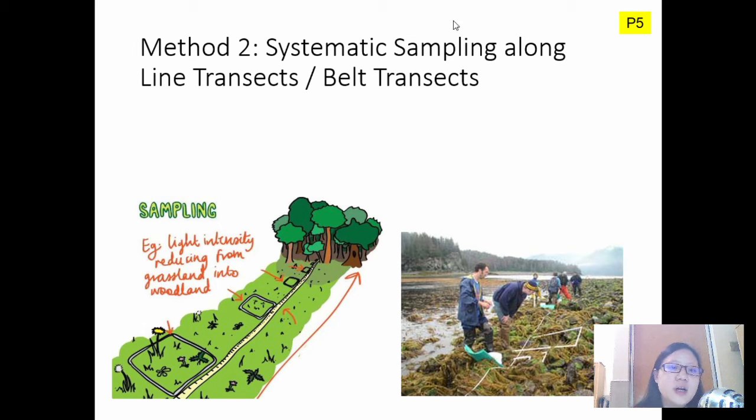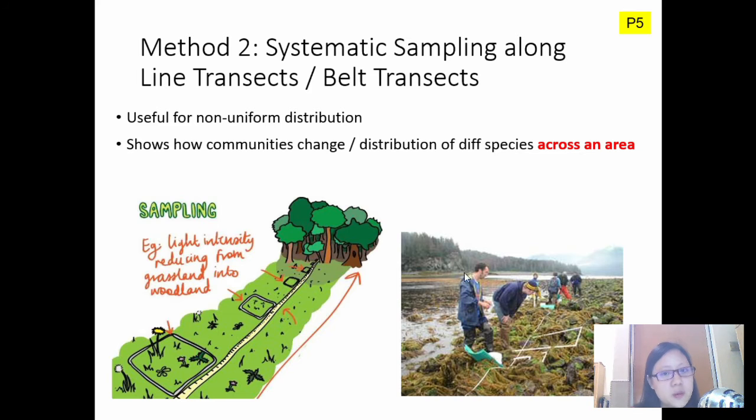But in this case, we are using a line and putting those quadrats along the line. In the case of belt transects, or just sampling along a line, we can find the distribution of plants. So we do that on purpose, not because it's biased, but because we want to see how communities or distribution of different species changes across an area.